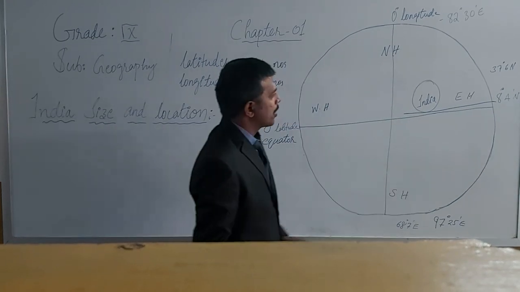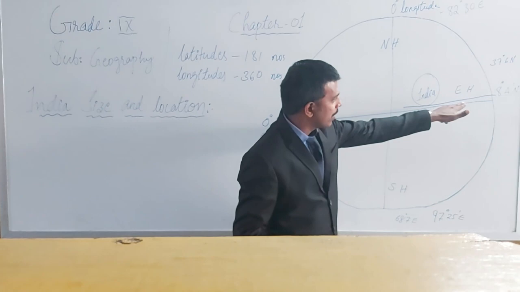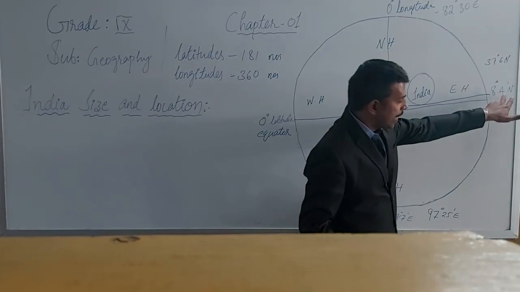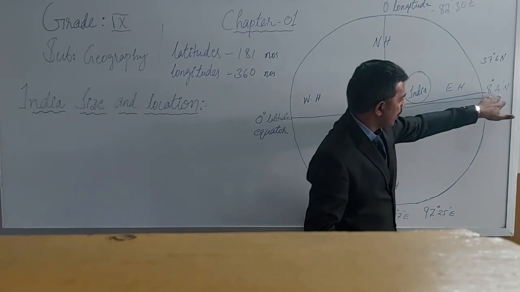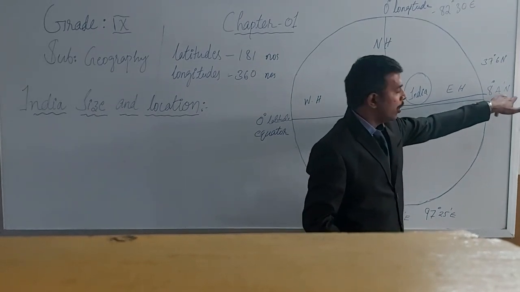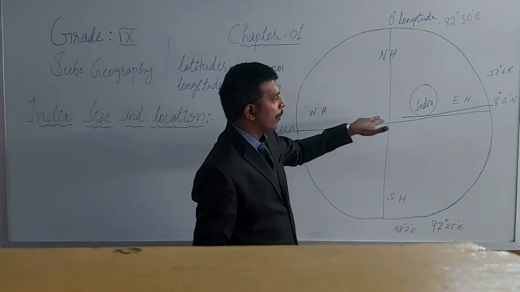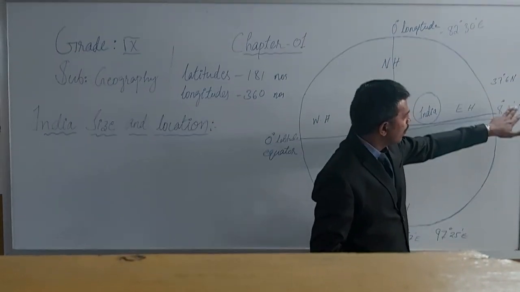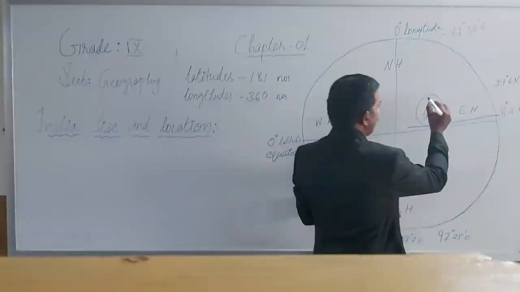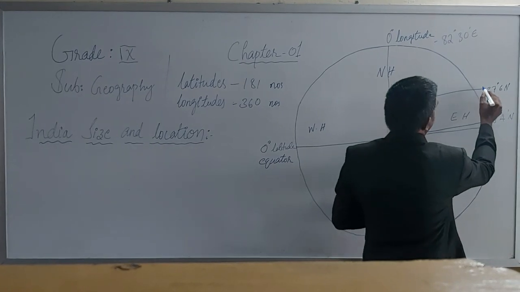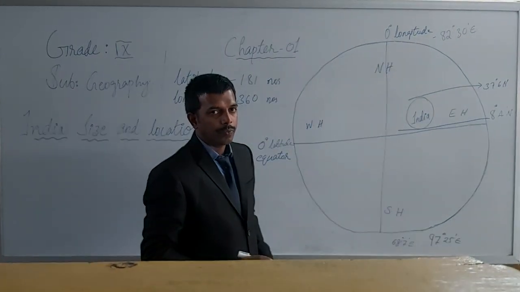It is the southernmost latitude on which the Indian subcontinent is located. From this figure, it is very clear the southernmost latitude is 8 degree 4 minute north, and the northernmost latitude is 37 degree 6 minute north.